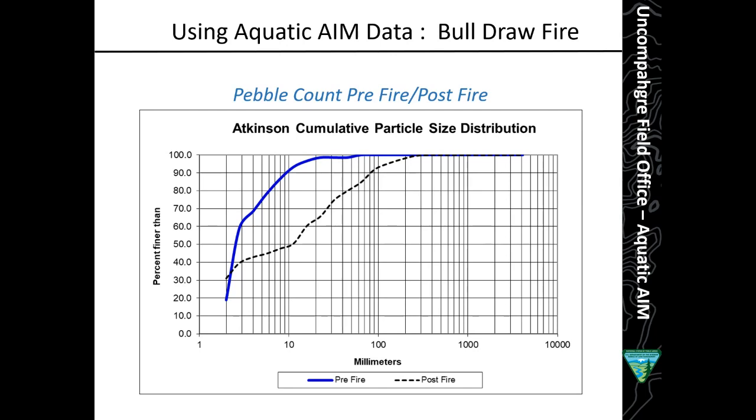They scoured a lot of the finer particles, exposing larger diameter particles in the bed. So basically a lot of bigger rock, and you can actually see this when you're out on the site. There's a lot more rock visible in the stream bed.